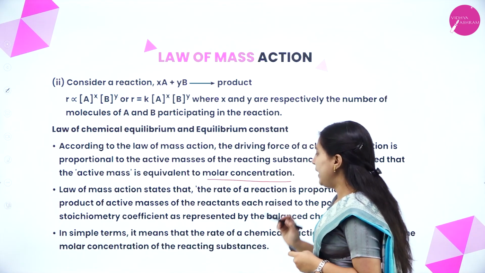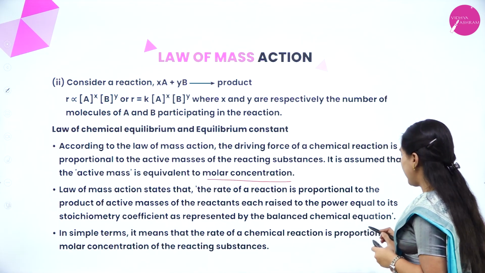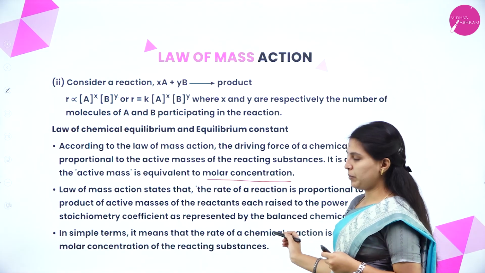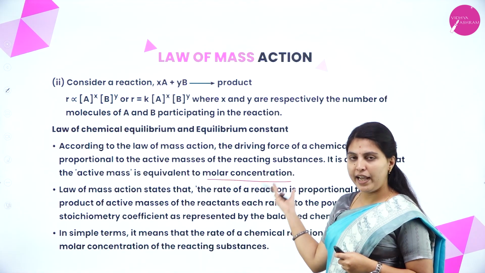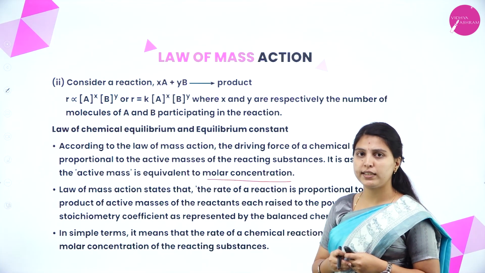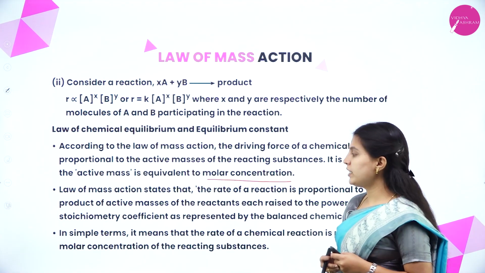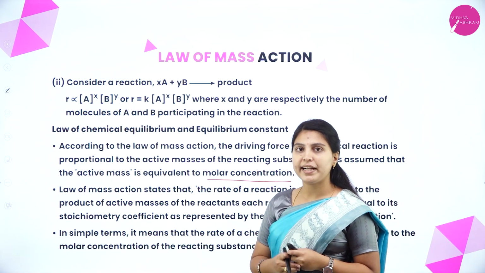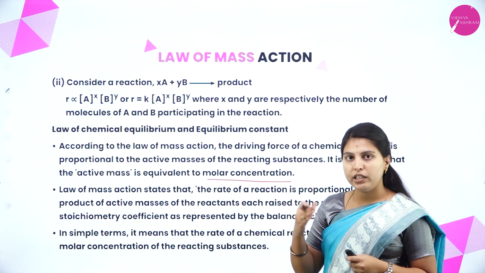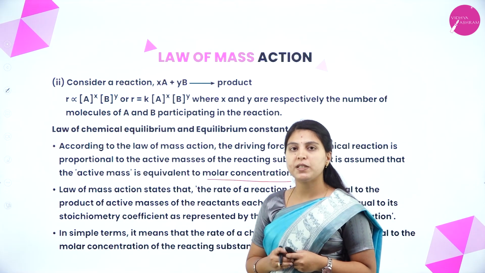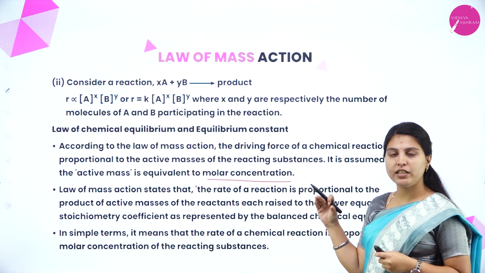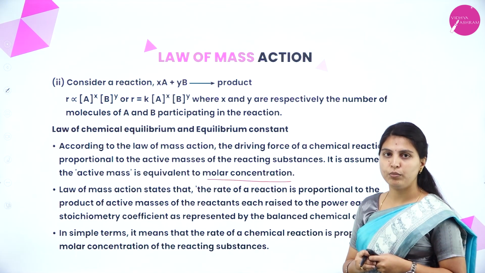In simple terms, it means that the rate of chemical reaction is proportional to the molar concentration of reacting substances. By the above point, what will we understand? The chemical reaction rate is directly proportional to the molar concentration of the reacting substances. If the molar concentration of reacting substances is more, obviously the chemical reaction will also be more.